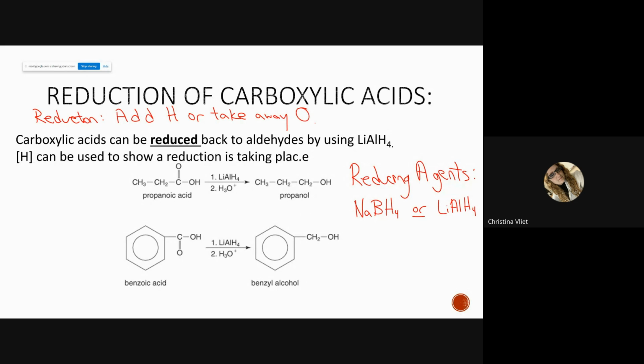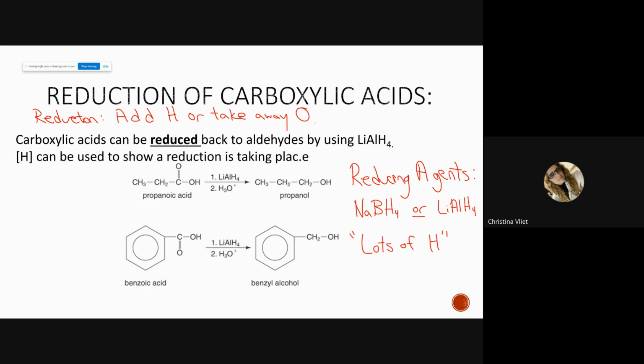What's in common? More hydrogens. They've got lots of hydrogens. Before this, you've never even seen these compounds, I don't think. So lots of hydrogens means that you are going to be doing a reduction.